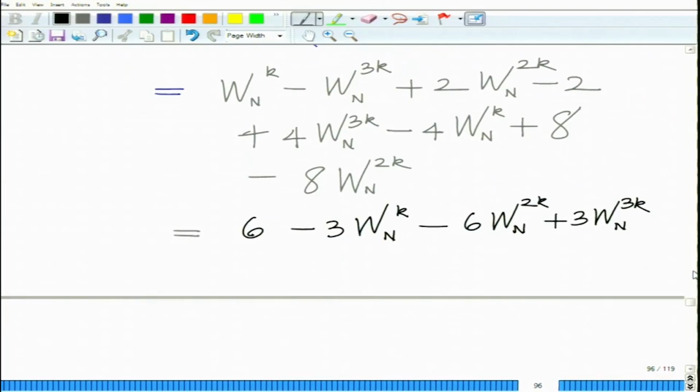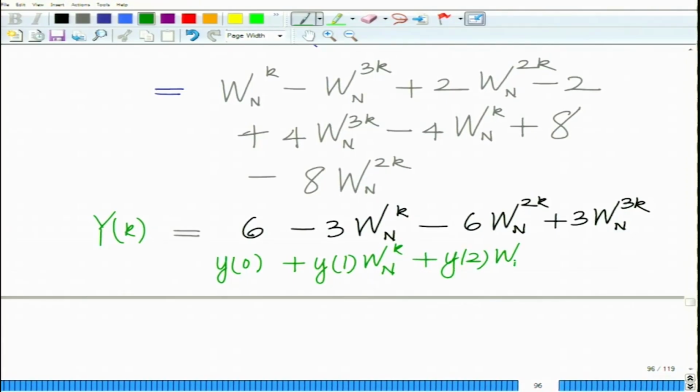If you compare this with the DFT, that is Y0 plus Y1 W_N^k plus Y2 W_N^{2k}, in a term by term comparison, you can see Y0 equals 6, Y1 equals minus 3, Y2 equals minus 6, and Y3 equals 3.